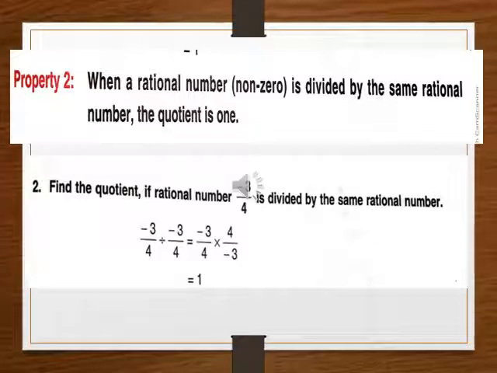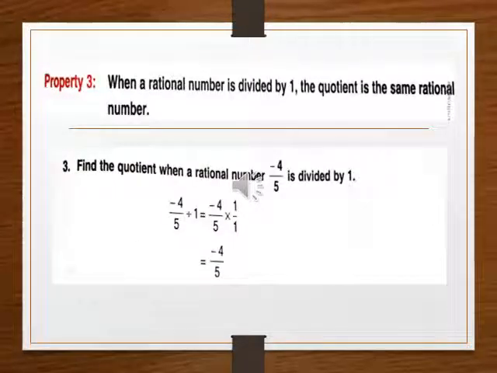So 4 gets cancelled, the minus sign also gets cancelled, and 3 divided by 3 also gets cancelled. Everything gets cancelled, so the answer is 1. So when a non-zero rational number is divided by the same number, the quotient is 1.